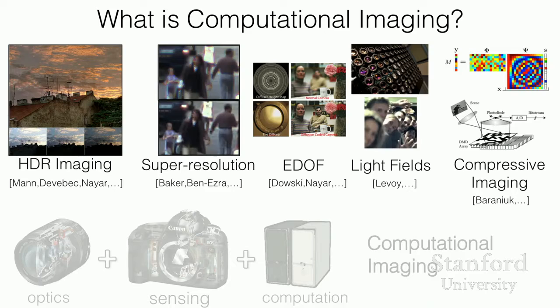Super resolution, extended depth of field. So the idea of collecting a lot of light with large apertures while maintaining the focus throughout the entire image. Light fields, something that was pioneered at Stanford here and is now going into the consumer electronics industry quite a lot with companies like Lytro that came out of Stanford also.